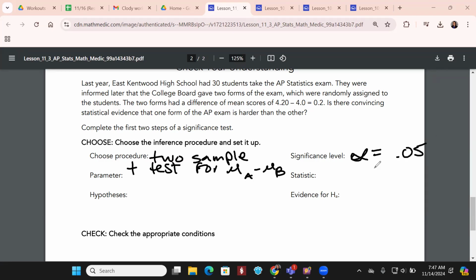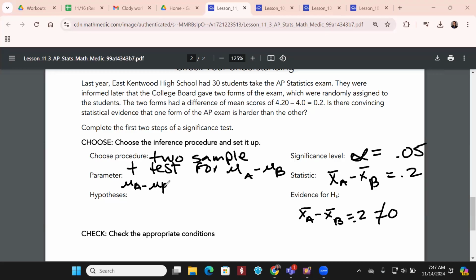0.05 for our alpha. And then we said x bar A minus x bar B is 0.2. The evidence for the alternative is that x bar A minus x bar B is 0.2, which does not equal 0. The parameter is mu A minus mu B, which is the true difference of means for the AP exam.